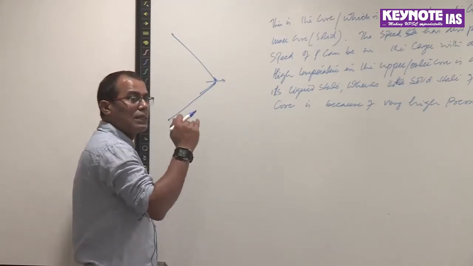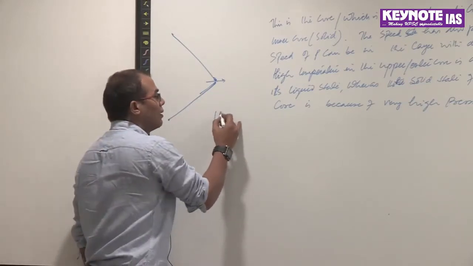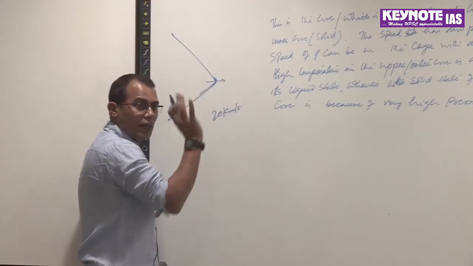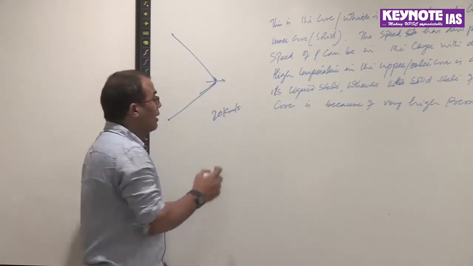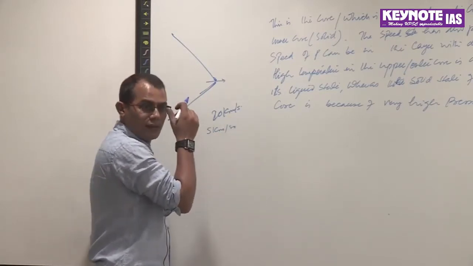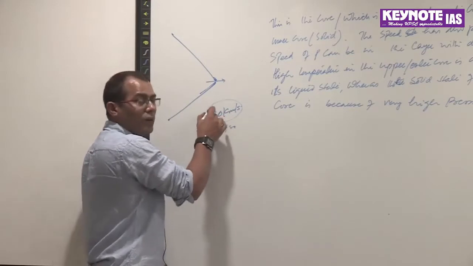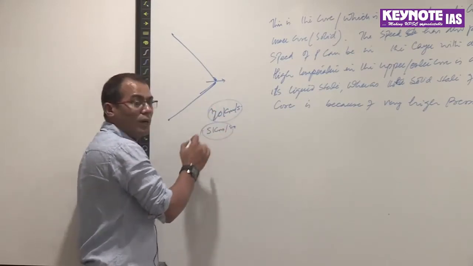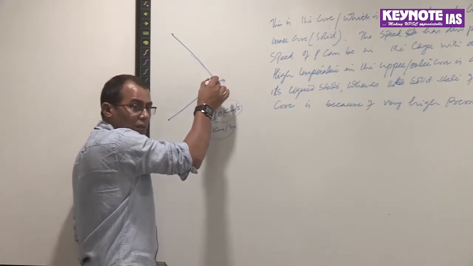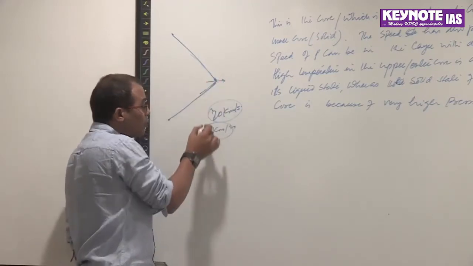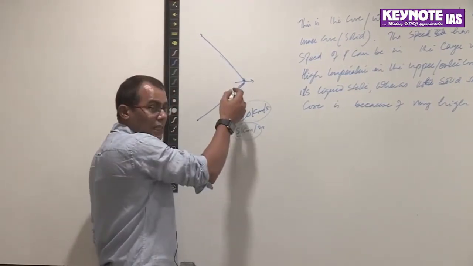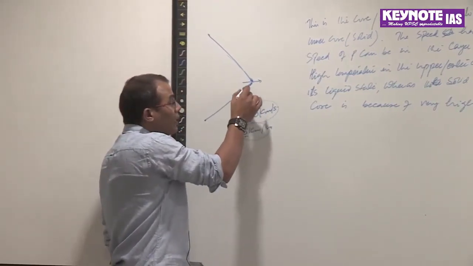Let's say suppose the maximum speed can be 20 kilometer per second in a particular layer, and if it is 5 kilometer per second in liquid. So the moment it enters with 20 kilometers per second speed, it has to come back to 5 kilometer because the entire area is liquid.